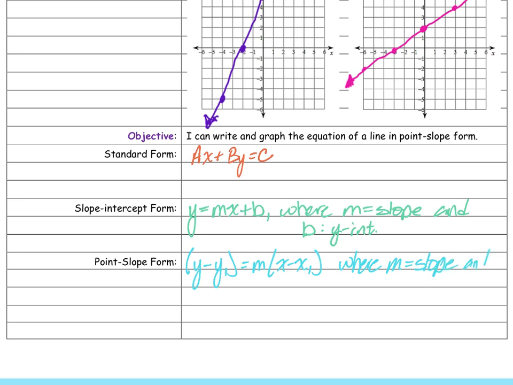And x sub 1, y sub 1 is some point on the line. And it can be any point. It doesn't have to be my y-intercept. It can be any point on the line. Any point. Okay? Are there any questions? Do I need to pause for a moment?